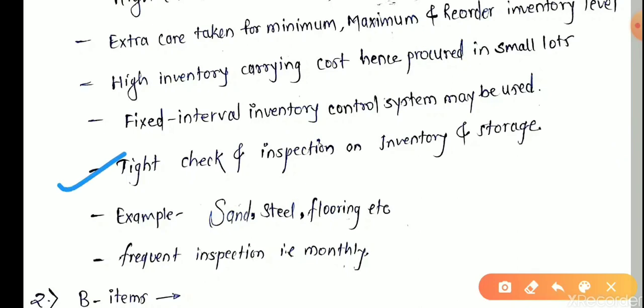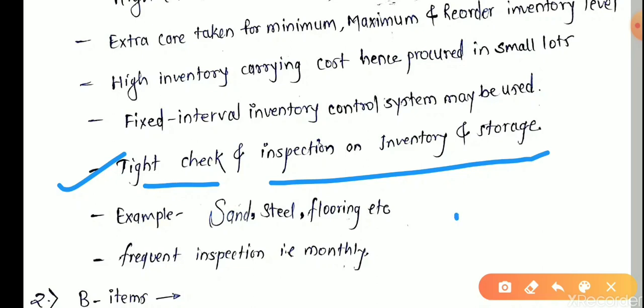Now, tight check and inspection on inventory and storage. Suppose we are holding this item for a particular time, because our construction is going on at the site. Hence we hold the cement bags, sand, steel. We frequently check these items: how many items we purchased, how many items we used, and how many items in our storage remain as balance.